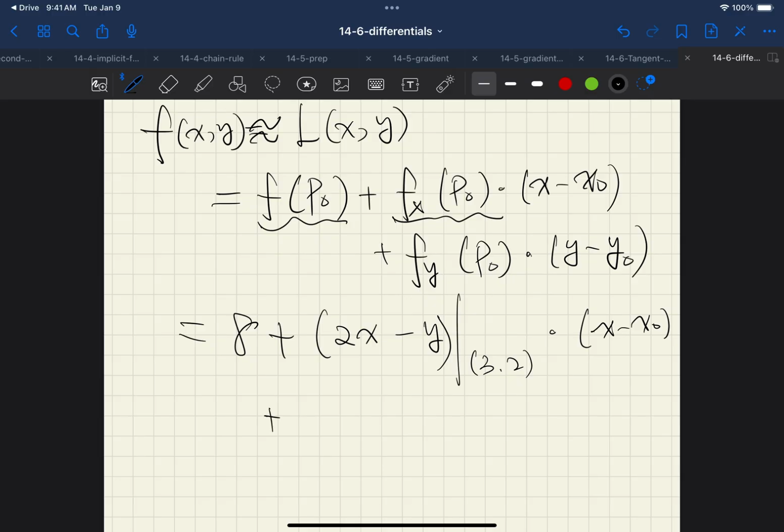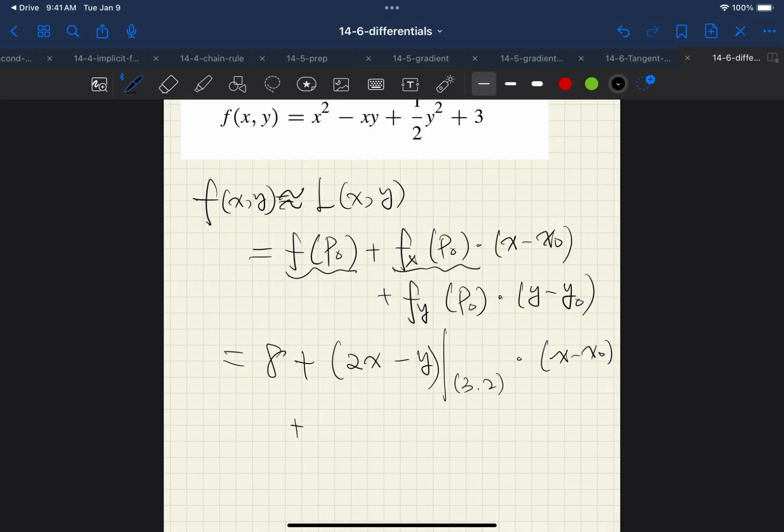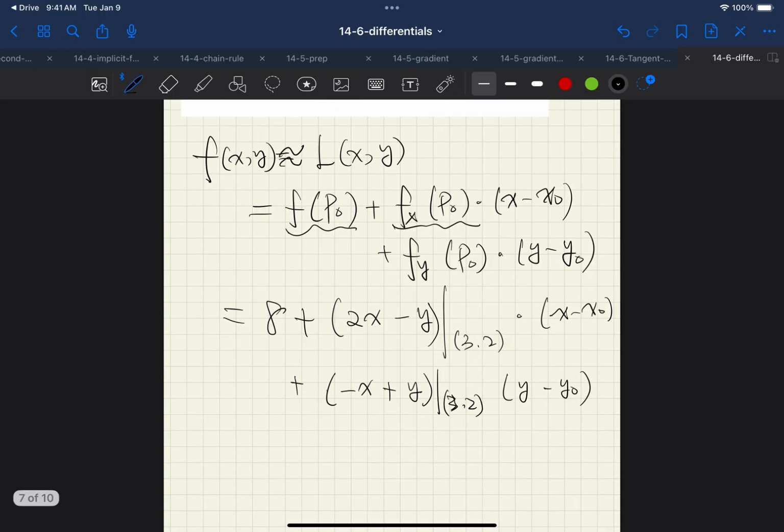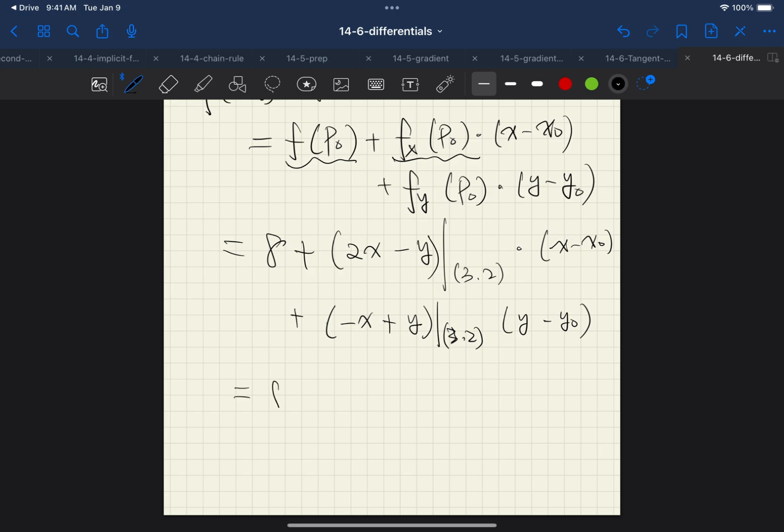the partial derivative in y, where the first term is 0, the second term is negative x plus y at (3, 2), times (y minus y0). And just plug in.